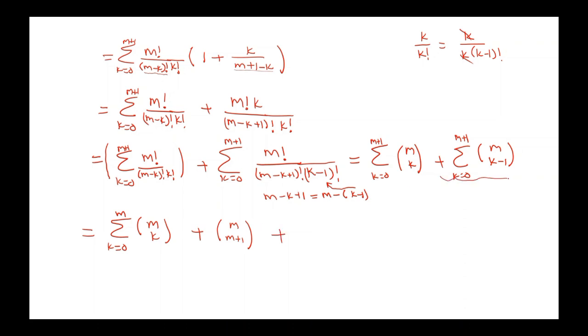Now this one here, you can do some adjustment to it such that you can replace, if you use some other variable, maybe t, and you replace t with k minus 1. If k is 0, then t is minus 1. And so basically you have something like that. But if k is m plus 1, if you plug in m plus 1, then you just have m there. And so then you basically have m combination t.